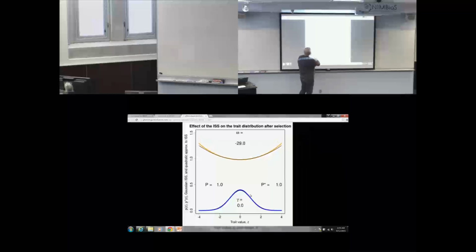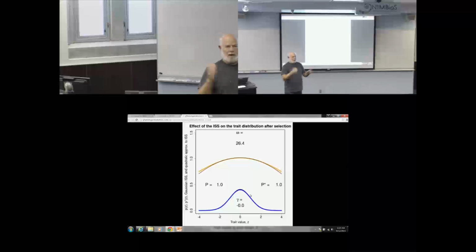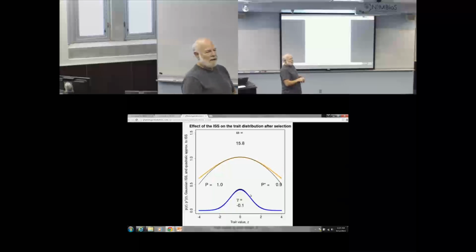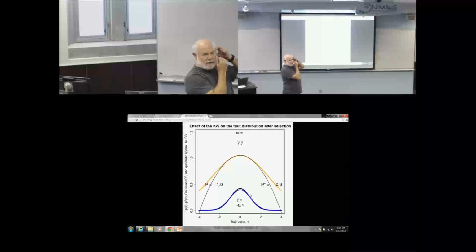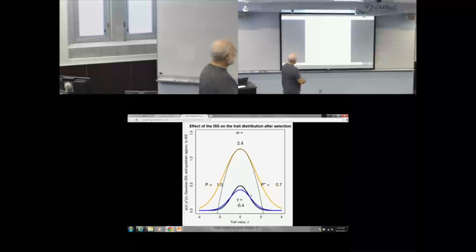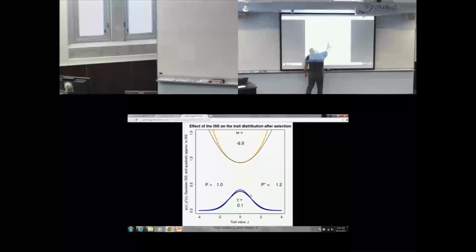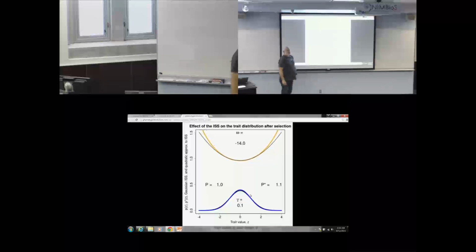And what I'm doing with the solid orange line is imagining that we are God, and we actually know the individual selection surface, and it's Gaussian, shown in orange. And then here in black is our approximation to it. So we've got two of our three surfaces. We have in orange the actual ISS. We happen to know it in this case, contrived. And then our approximation to it with the black line.